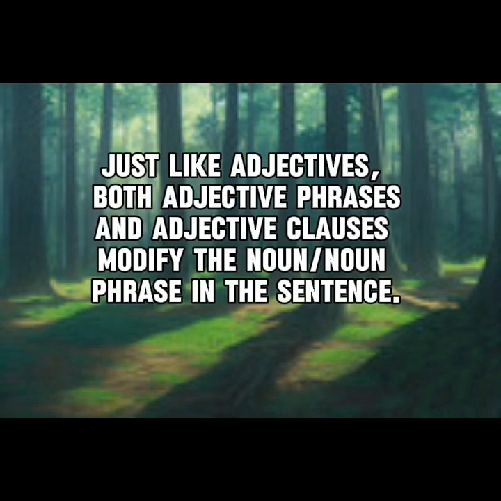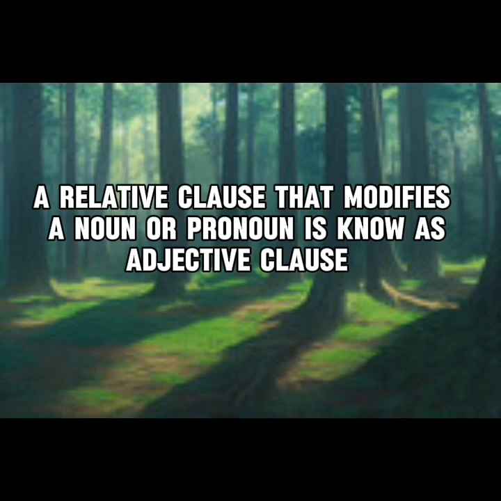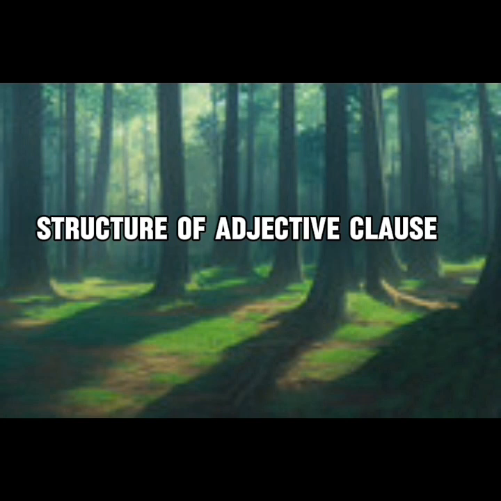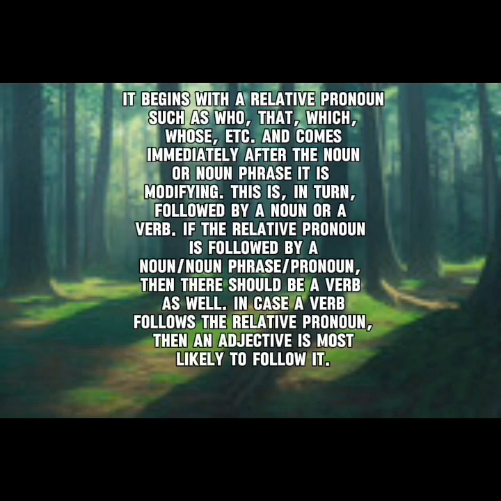Just like adjectives, both adjective phrases and adjective clauses modify the noun or noun phrase in the sentence. A relative clause that modifies a noun or pronoun is known as an adjective clause. It begins with a relative pronoun such as who, that, which, whose, etc., and comes immediately after the noun or noun phrase it is modifying.